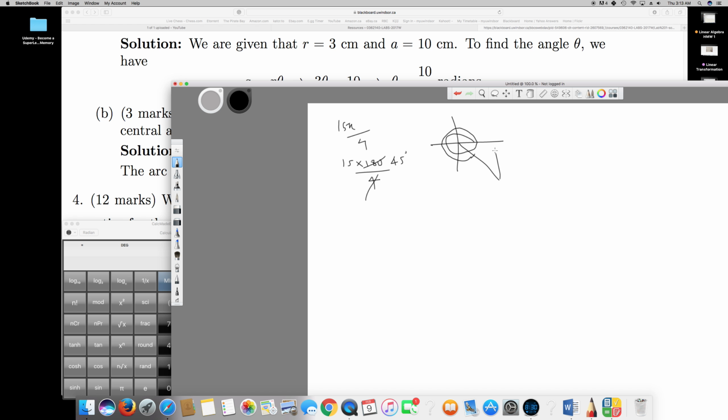The fourth quadrant makes 45 degrees with the horizontal line. We have to remember All Silver Teacups, All Students Take Calculus. So in this case, in the fourth quadrant, only cos is positive.